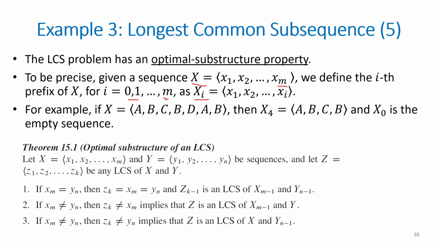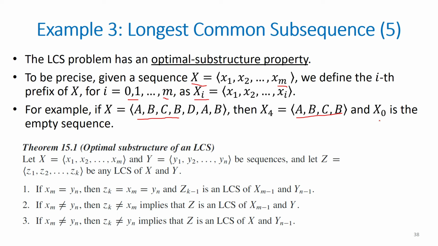So, if we define a prefix xi, it corresponds to a subsequence of X, which includes the first i elements of X. For example, if X is equal to A, B, C, B, D, A, B, then the prefix x4 would be the first 4 elements of X, which is A, B, C, B. And x0 would represent the empty sequence.